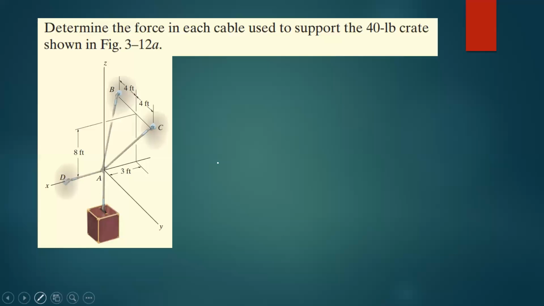Let's quickly move on to this question. It is also a very simple question, and it's asking us to determine the force in each cable used to support the 40 pounds crate.